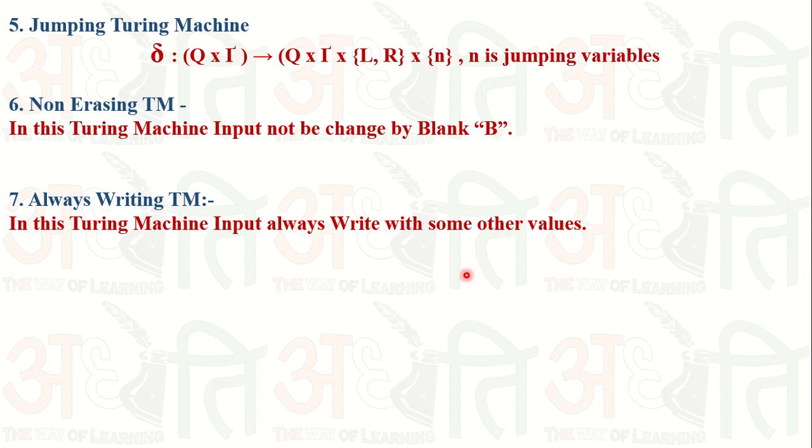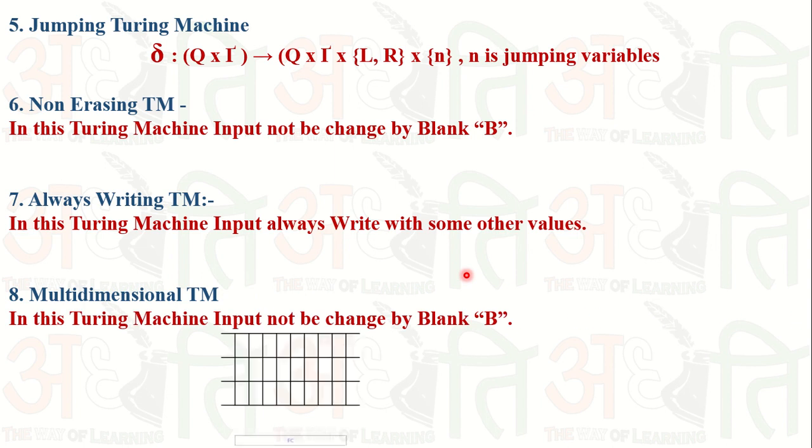Then the multi-dimension Turing machine. Till now we have seen only one direction, where we can move left or right, so it is one dimension. But we can have n dimensions, where we can move left and right as well as up and down. In this example, we have the Turing machine with a read-write head and a tape.